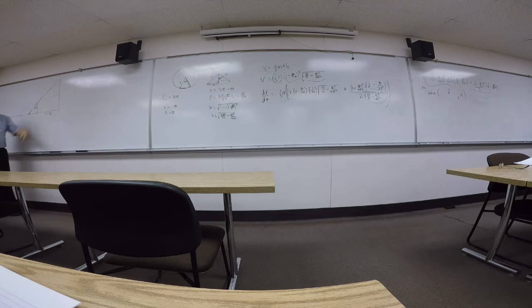Question is, what angle to make that the shortest as possible? Let's call this X. Let's call this H. And we look at the small right triangle, 8 by X. And we look at the large right triangle, 27 plus X by H. They're similar.